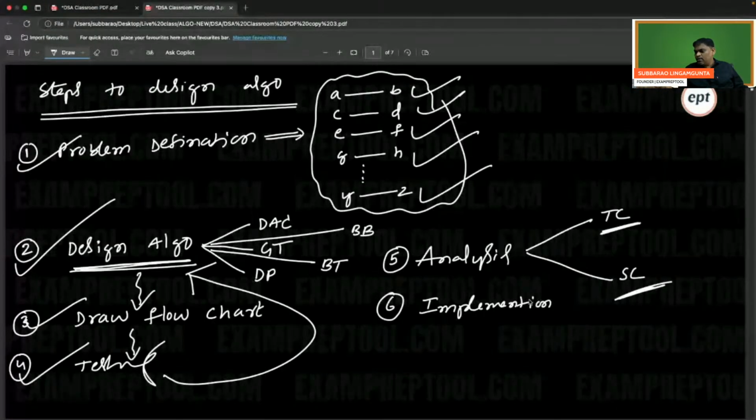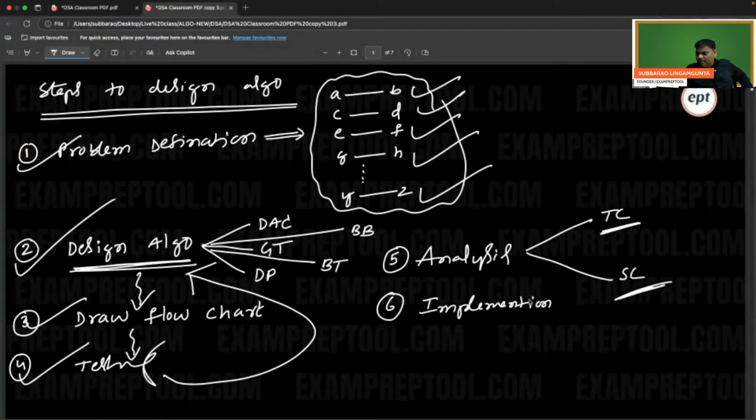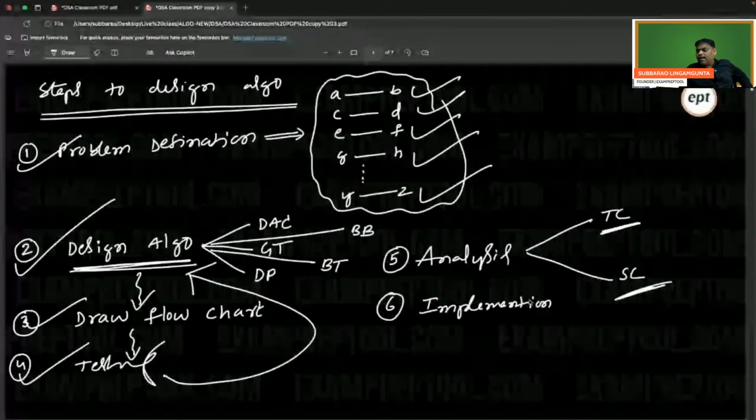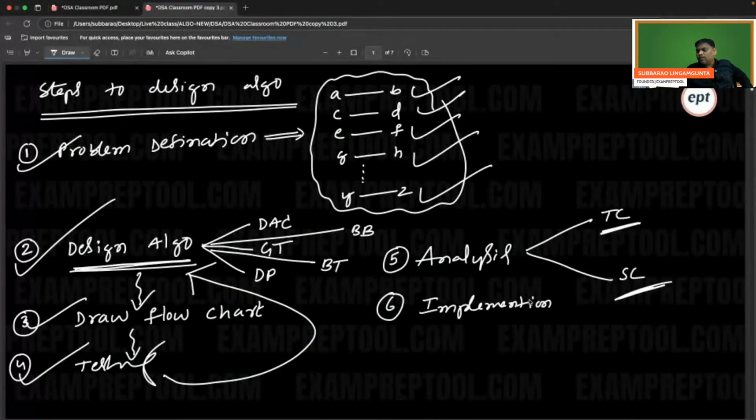I have to check. So draw the flow chart. Whatever template you selected, draw the flow chart for that template. By giving different inputs, please check, testing. Suppose the algorithm you have, after drawing the flow chart and giving input, everything is okay, then go to the next step. If not okay, do small changes in that template.